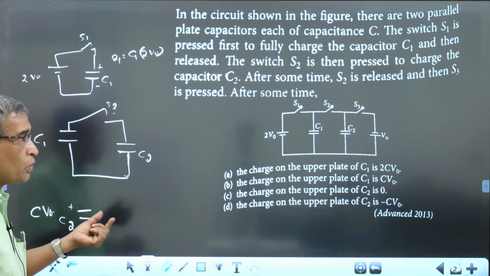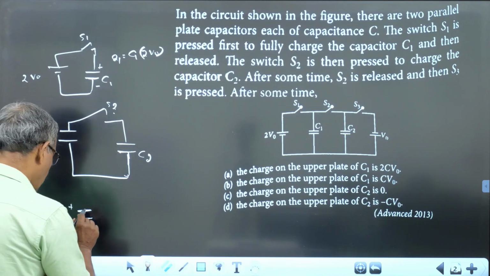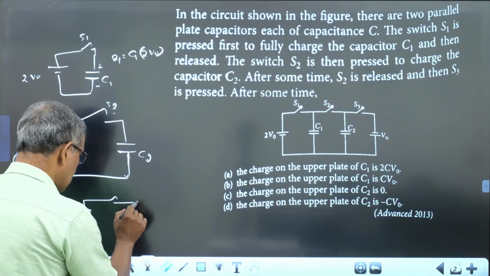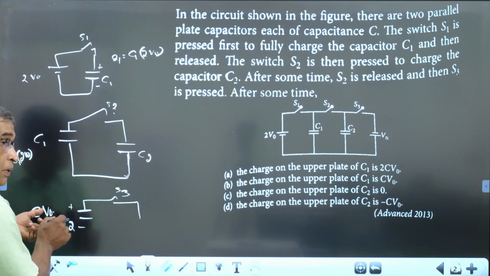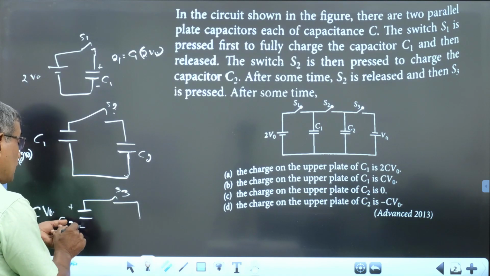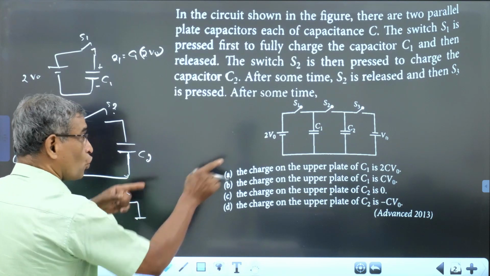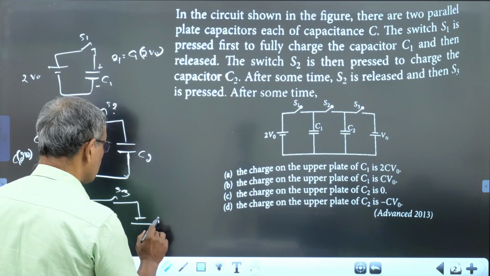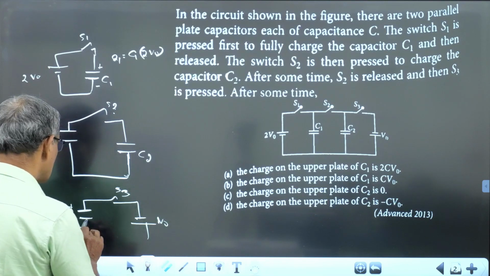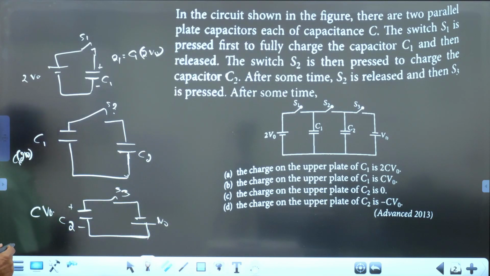Now what are we going to do? We are going to press S3. On closing S3, this is a charged capacitor with positive and negative polarity, and the charging source here is our cell V0 connected like this. What will happen here?